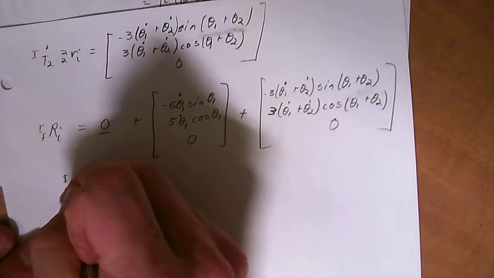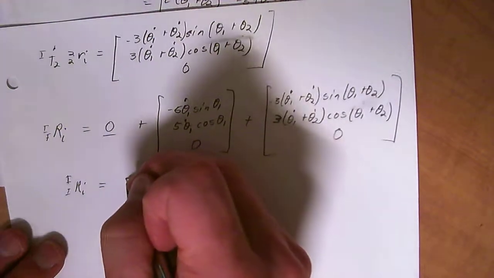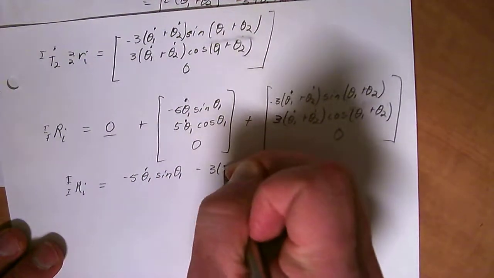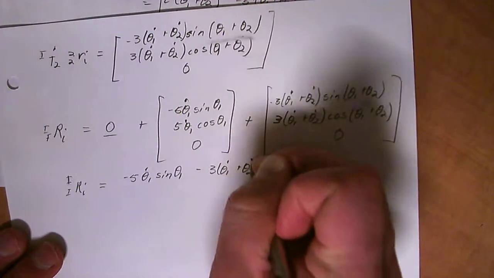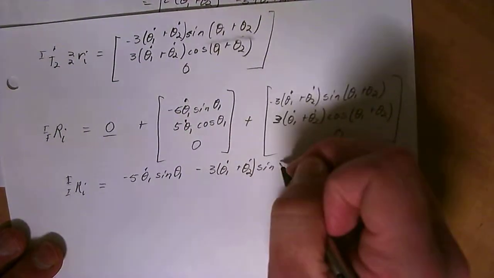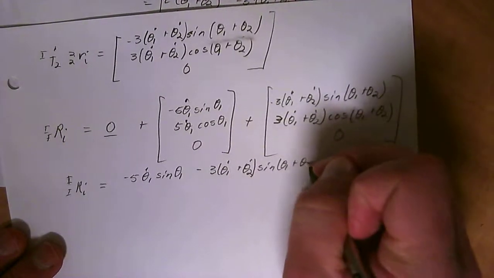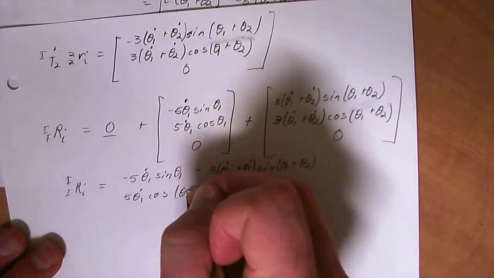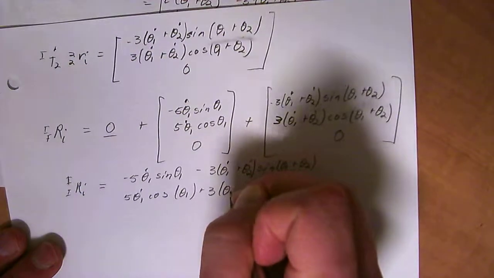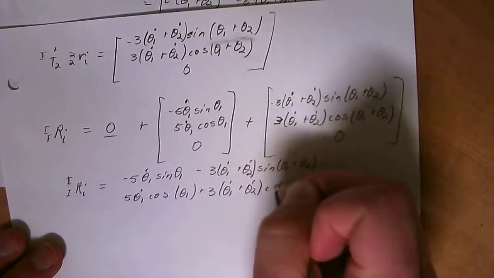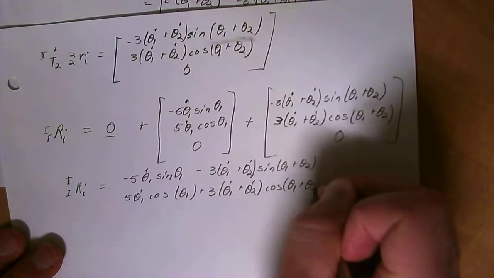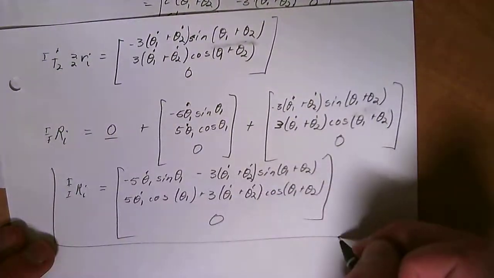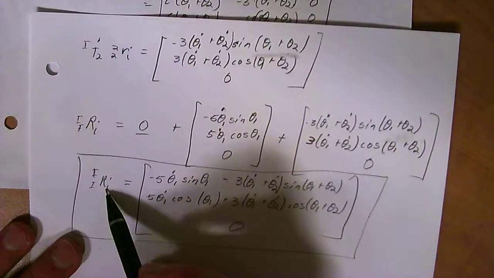So IIRI is equal to negative 5 theta 1 dot sine of theta 1 minus 3 theta 1 dot plus theta 2 dot sine of theta 1 plus theta 2, 5 theta 1 dot cosine of theta 1 plus 3 of theta 1 dot plus theta 2 dot cosine of theta 1 plus theta 2, 0. And that is the velocity of point I in reference to frame large I.